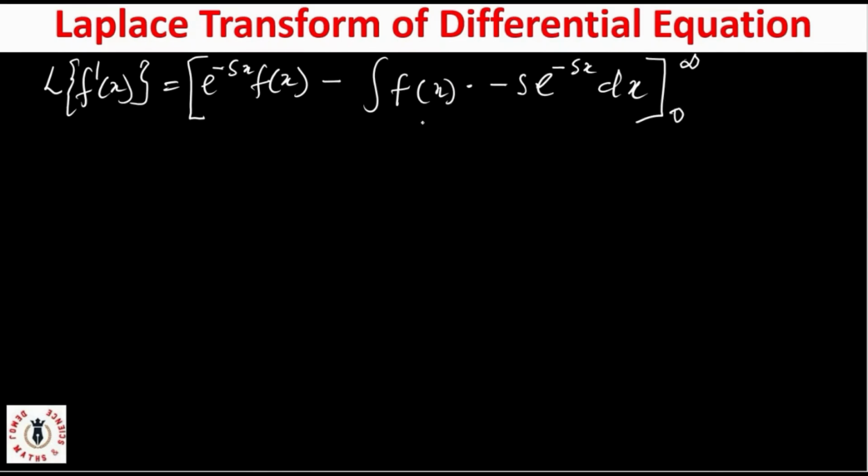Now, the next thing we want to do is insert the given conditions, that is, the conditions when x is equal to 0 and when x is equal to infinity. Now, look at it this way.